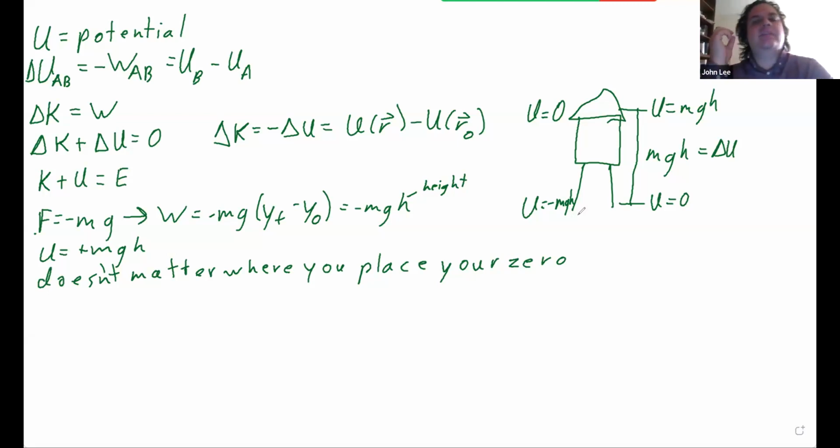So this approximation is only good close to the surface of the Earth or the surface of a planet or a moon or something that has basically a constant g.